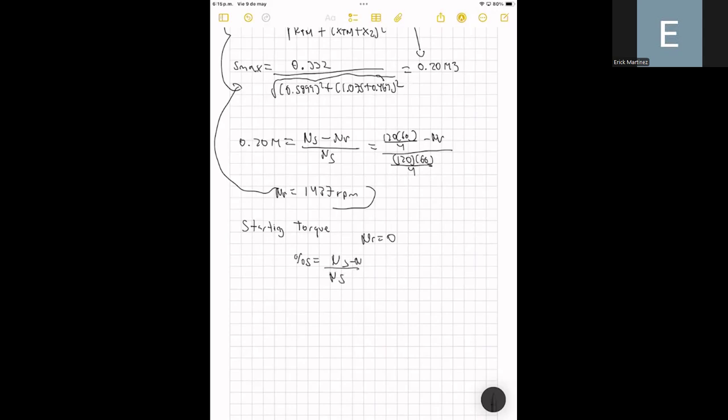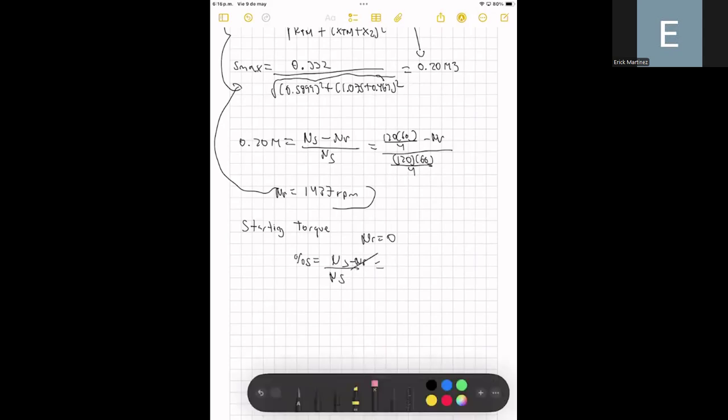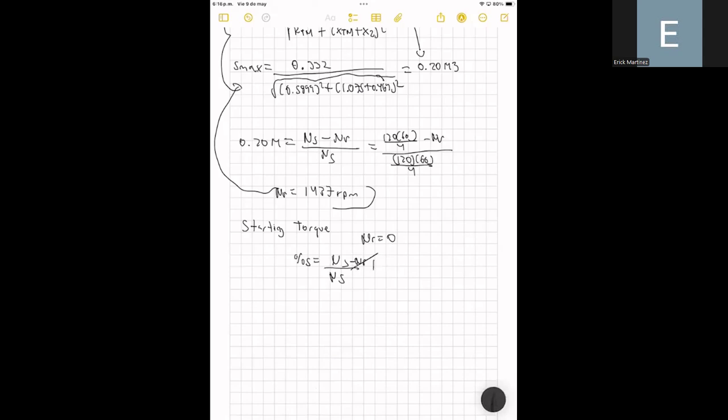But since the rotor speed is 0, we can cancel this out. And remember that since we're working with a percentage here, we need to multiply this by 100. If you divide ns by ns, you will obtain 1, a value of 100%.